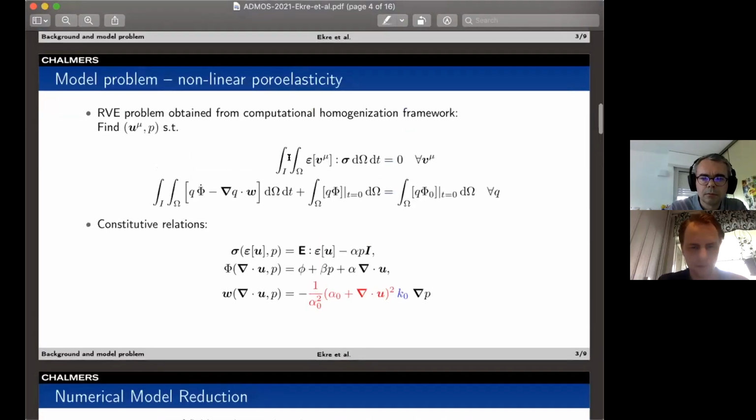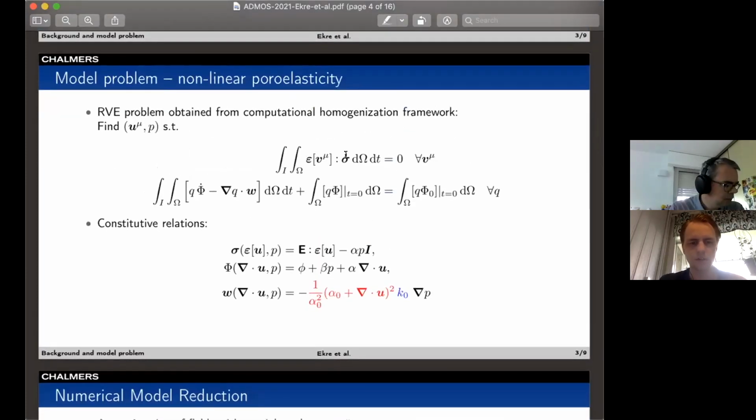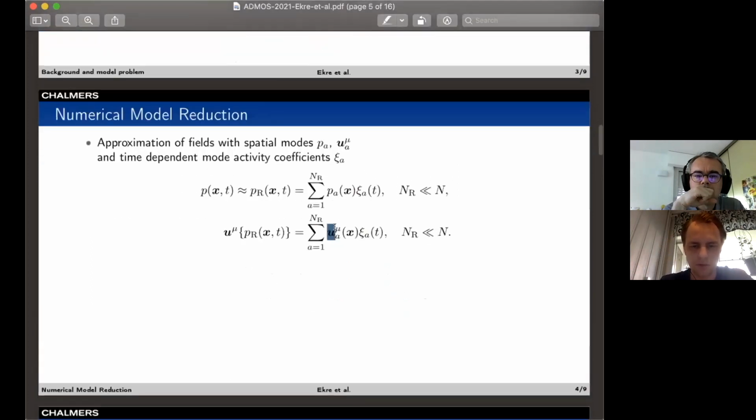Since the first equation here is actually not dependent on time for the displacement, if we know the pressure modes, we can use the linearity of the first equation and simply compute these displacements based on the pressure modes. But the pressure modes come from a transient training problem. And then if I understood well, the coefficients of t, which are calculated on the pressure, you reinsert them for the displacement, right? Yeah, yeah.